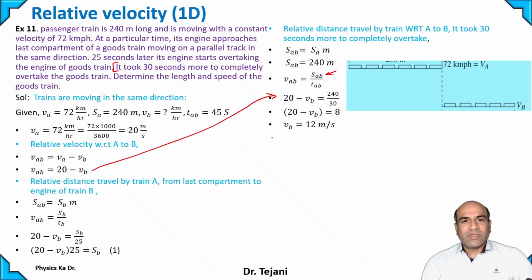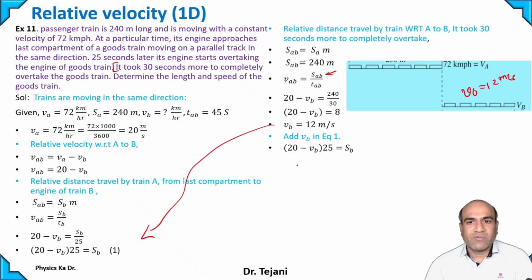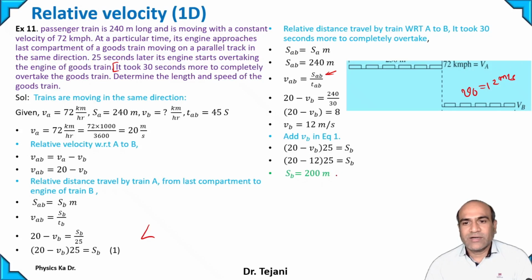And VB, speed of the train 2, is 12 meter per second, and you can put this value in equation number 1, so we can get the distance traveled is 200 meter.